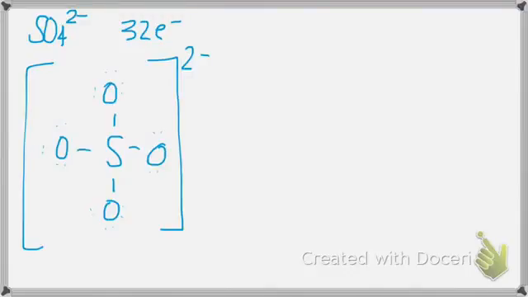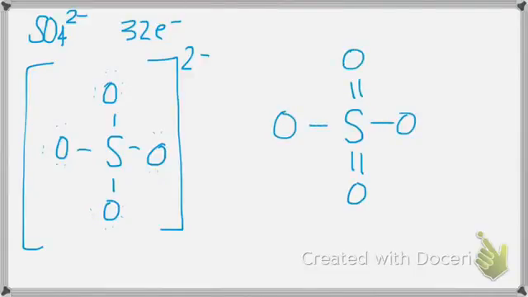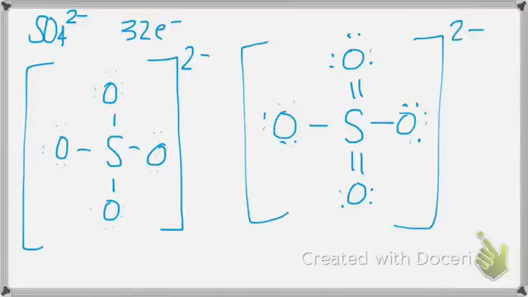Another way that you can draw this is where you double bond. Then we give the atoms their lone pairs, and this would have a 2 minus also.